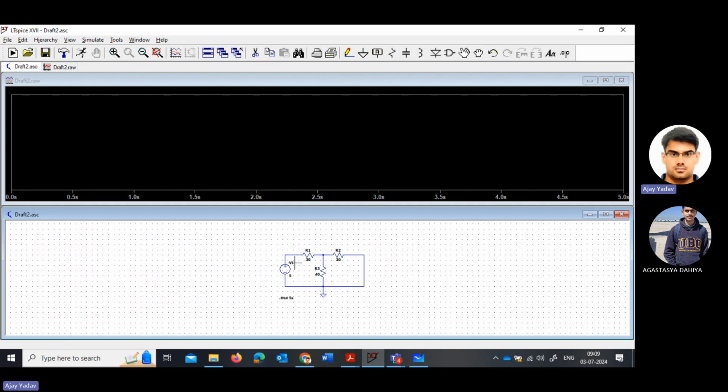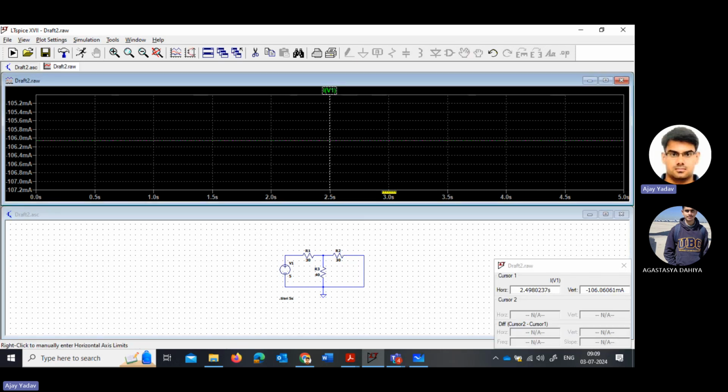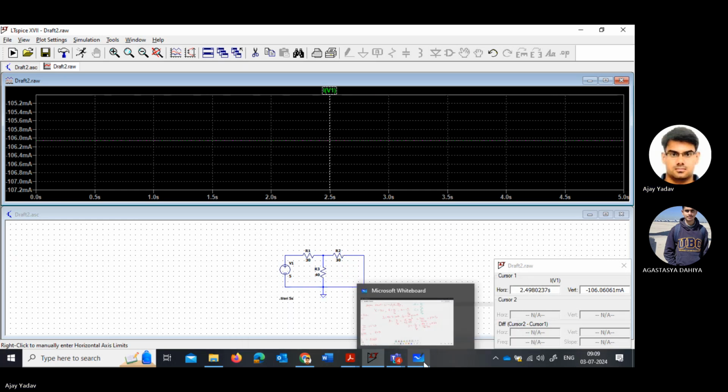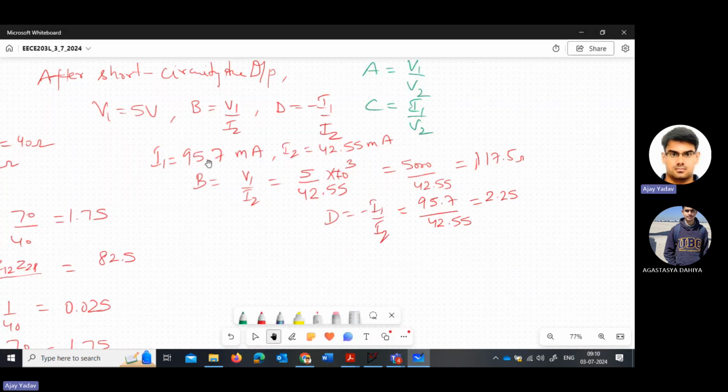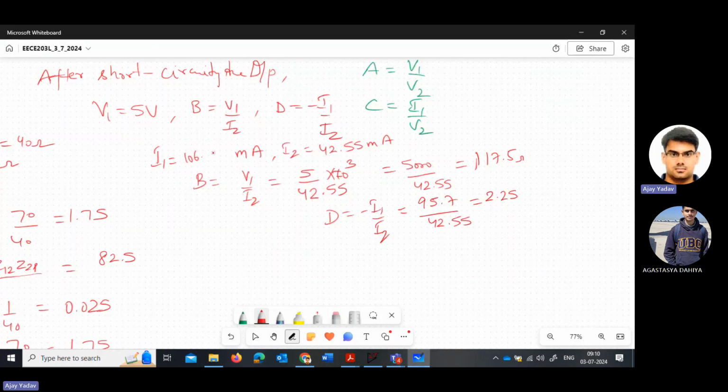Okay. So if you go here, this current is this one and the value is minus 106.1. So I1 is 106.1, right? Yes, let's write 0.06 so that the value comes close.